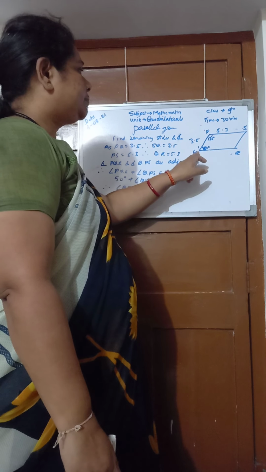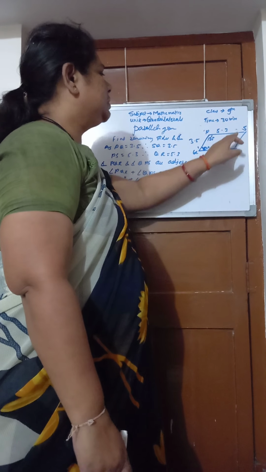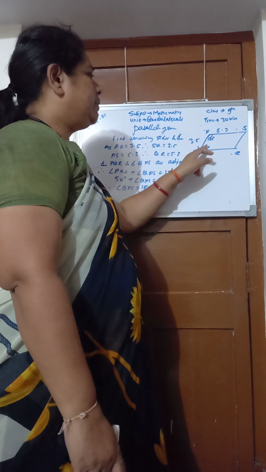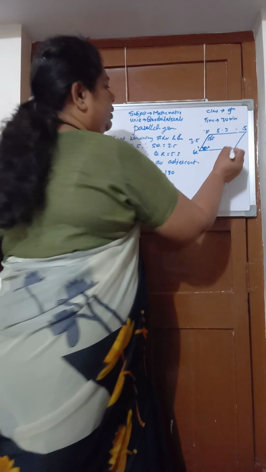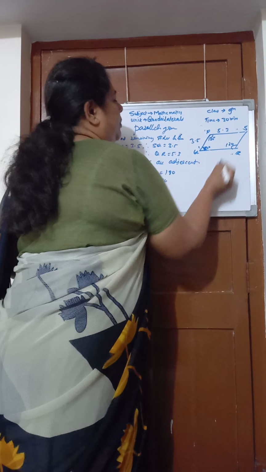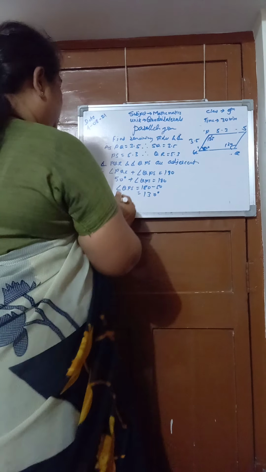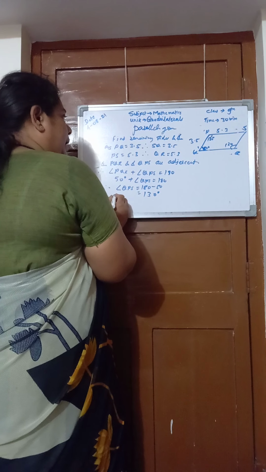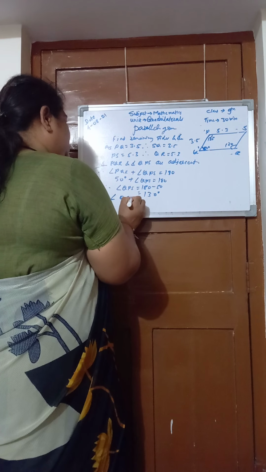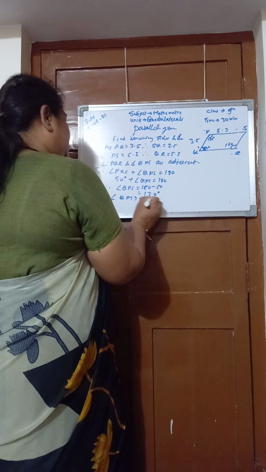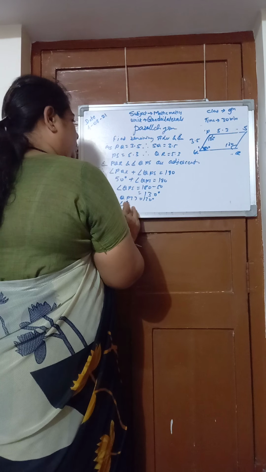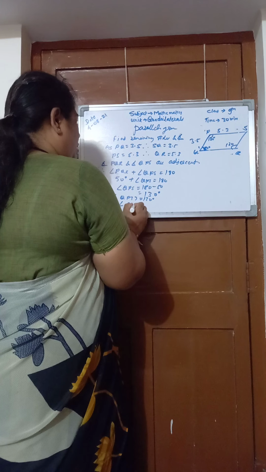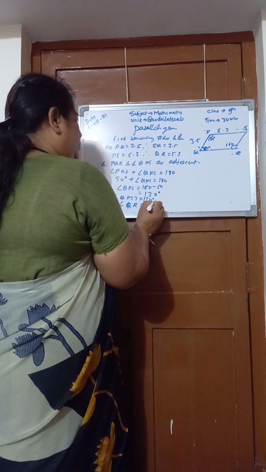Angle QPS equal to 130. Therefore, this angle is also equal to 130, property of parallelogram. Angle QPS equal to 130, therefore angle QRS equal to 130.